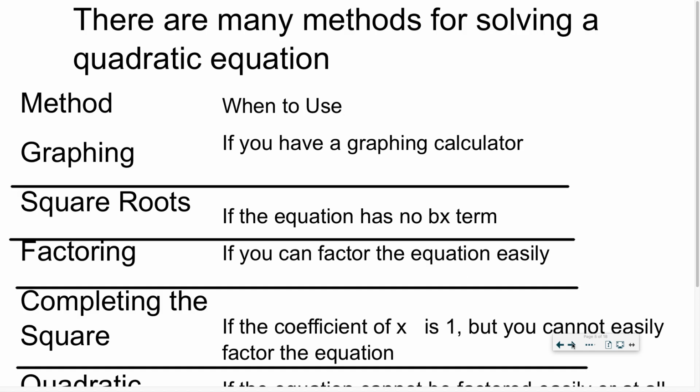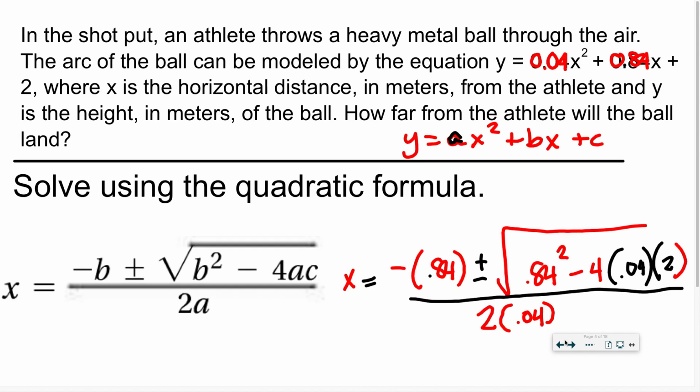But this problem is a little unrealistic to factor. Completing the square may be extremely time consuming as well. So what jumps out at you when you see this that makes you think I'm probably just going to use the quadratic formula?